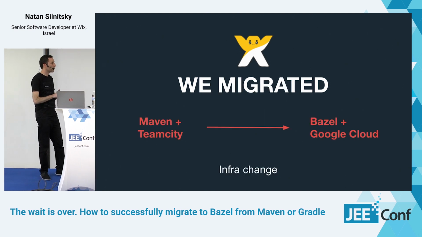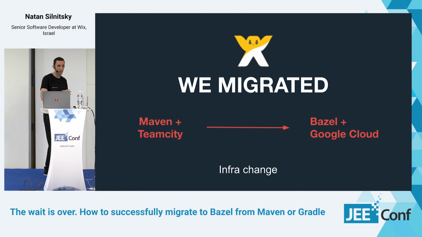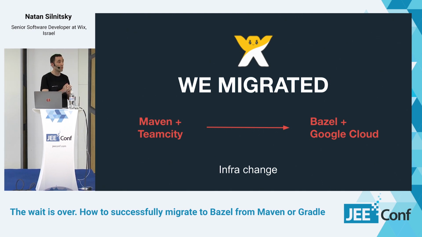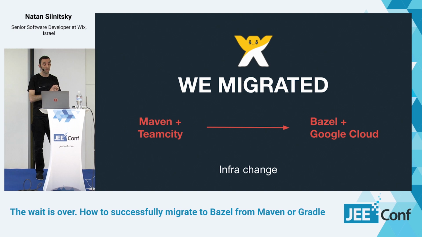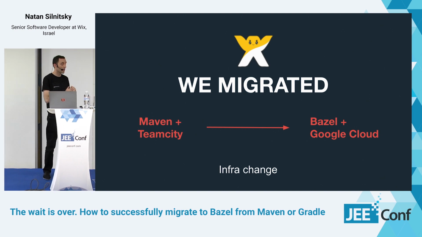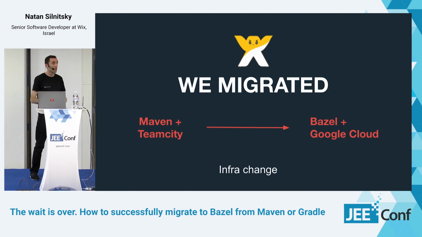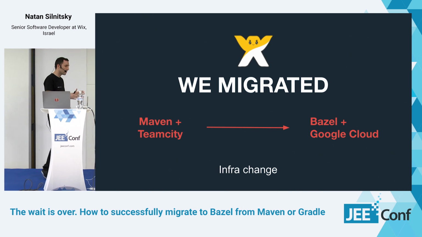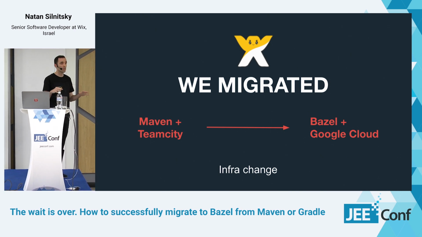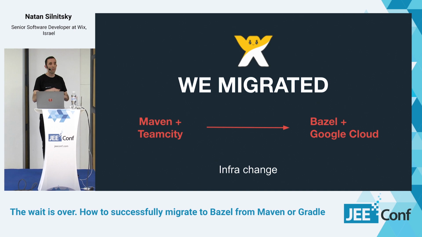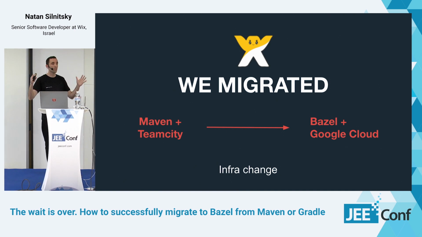So like I said, we used to be with Maven, and we ran on the CI server with Teamcity. We have quite a lot of infrastructure code, and all the other Maven modules depend on it.